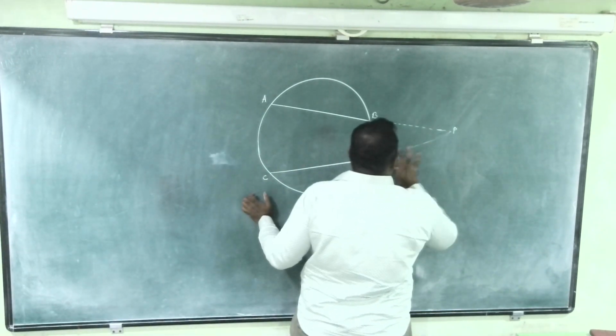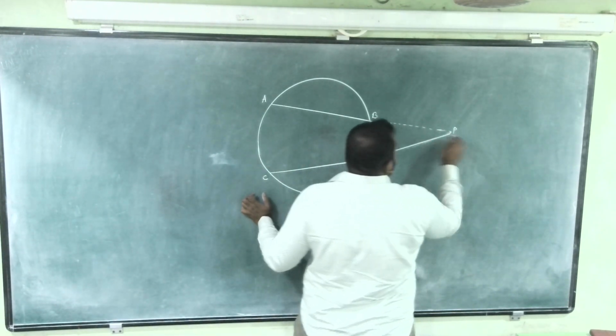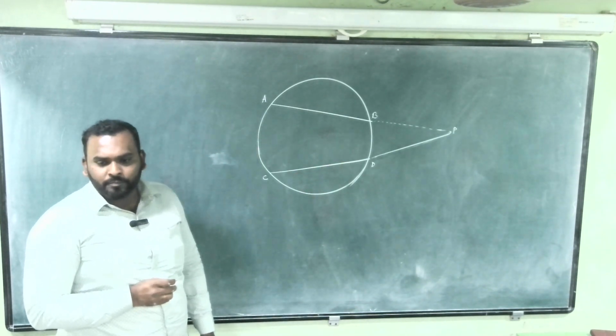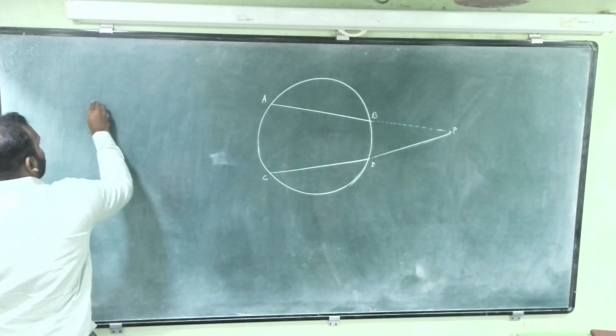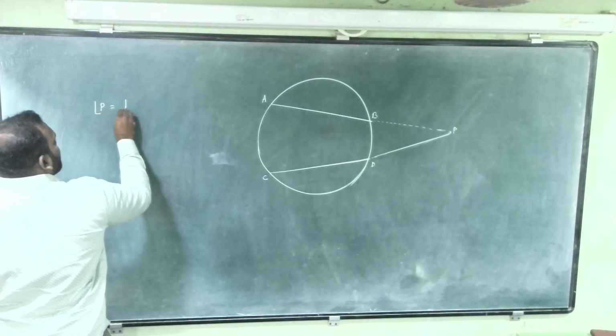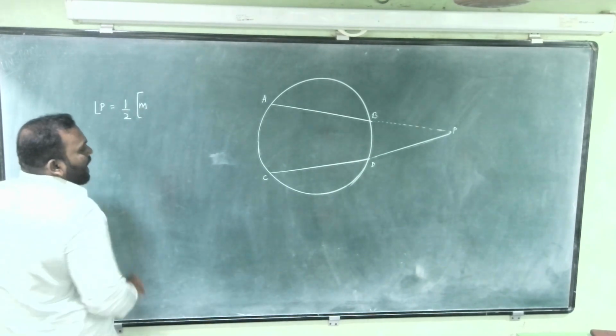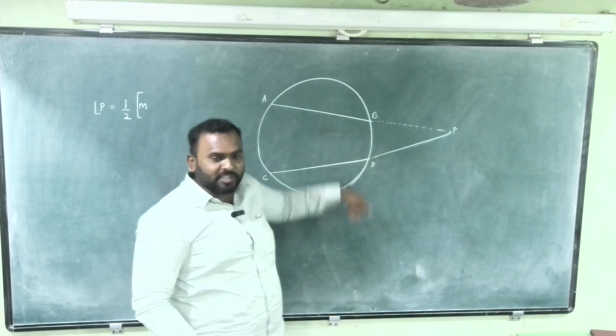So when they intersect each other externally, at point P there is an angle formed, right? Yes. The angle is angle P. Now this angle P will be equals to half the measure of arc AC minus PD.